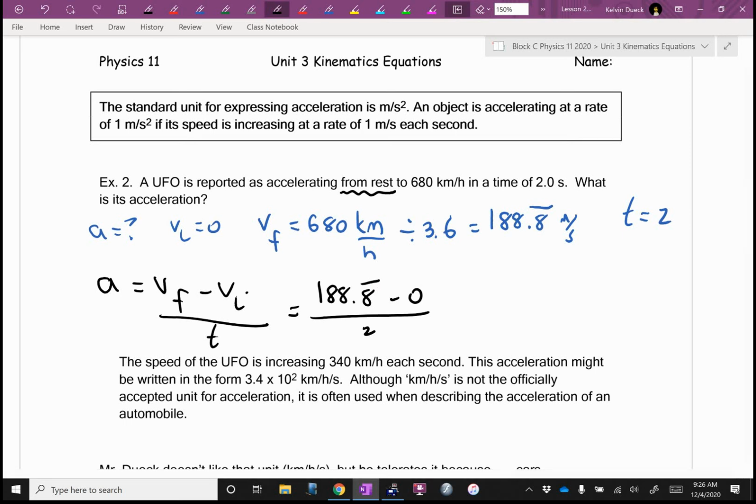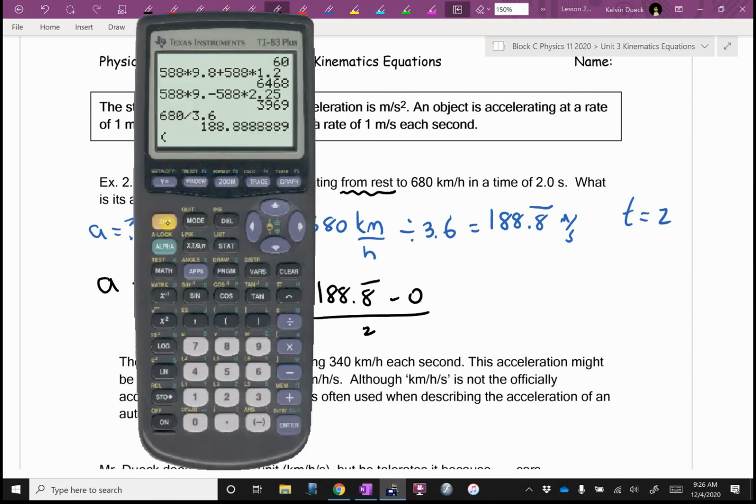If you're going to type the minus 0, make sure you put the top in brackets or use the fraction button on your calculator. In other words, bracket, answer button minus 0, close bracket, divided by 2. If I don't do that, my calculator will divide the 0 by 2, but not the 188.8 repeating by 2. And I get 94.4 meters per second squared.